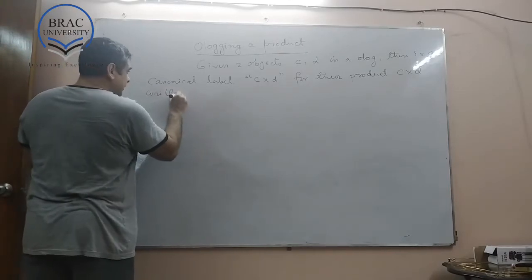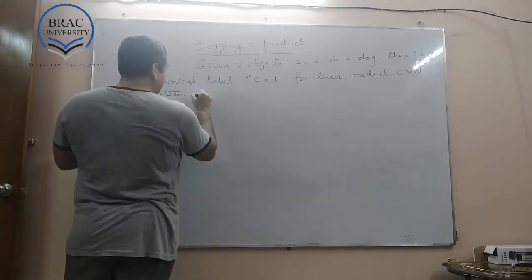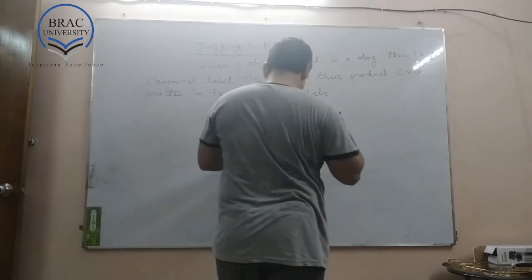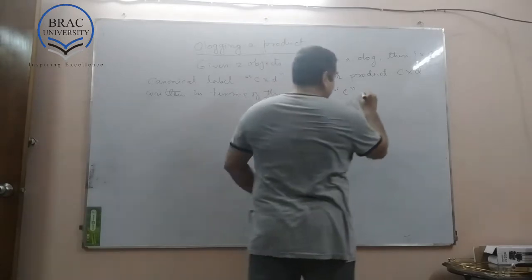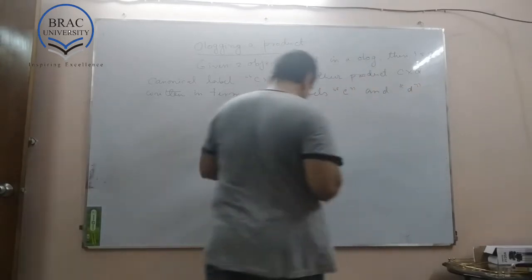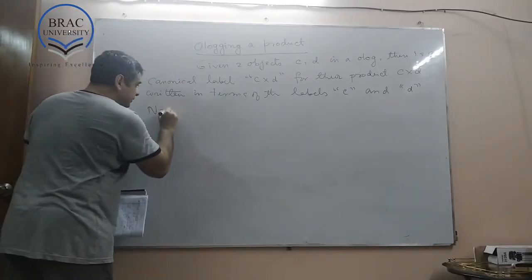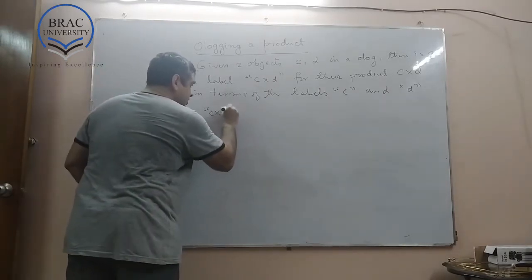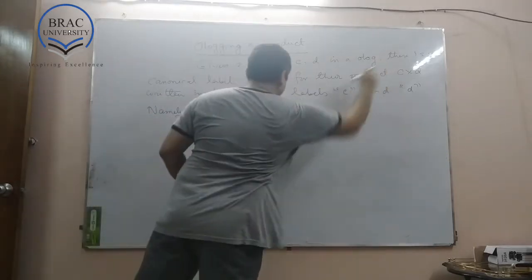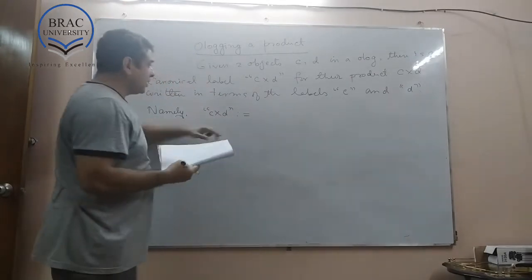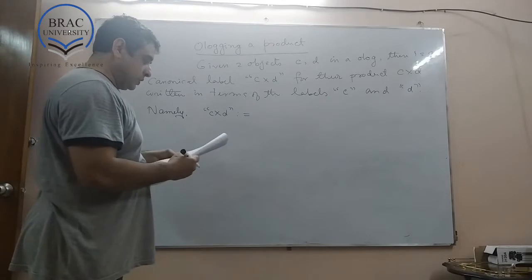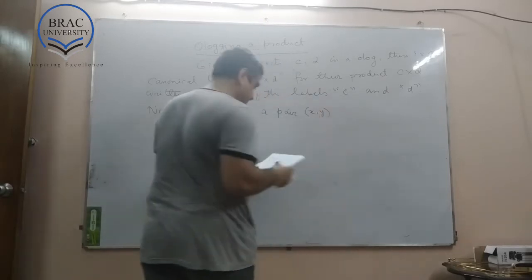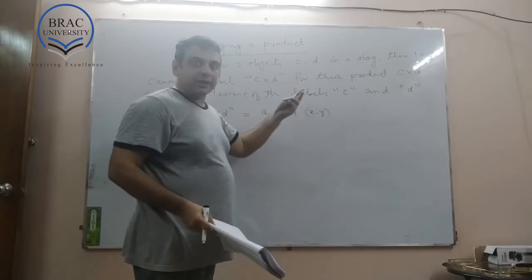Written in terms of the labels C and D, namely C cross D, which is the label of the product C cross D. This is the label of this product, which should read a pair X, Y. It has nothing to do with the ordered pair that arises in the context of sets.